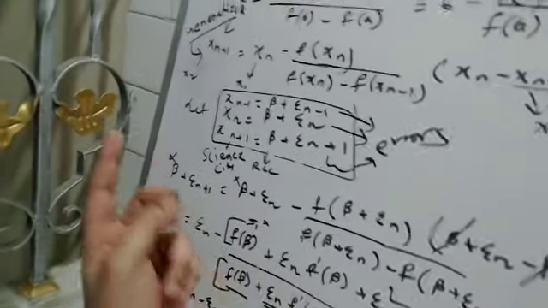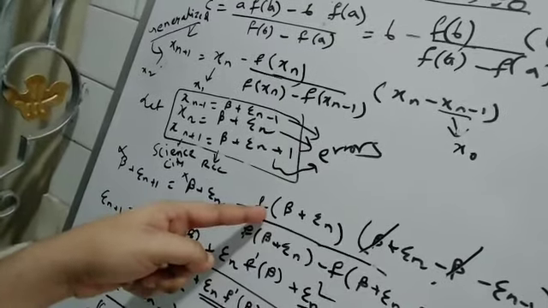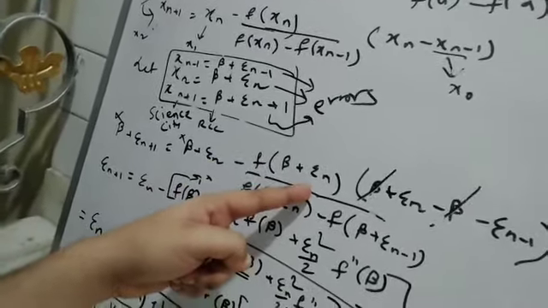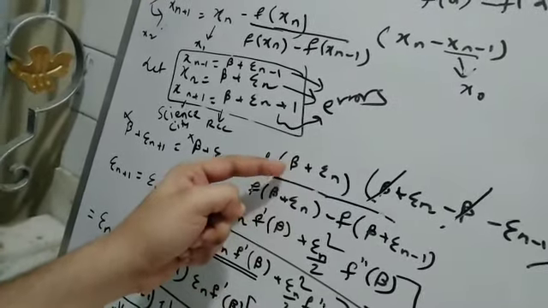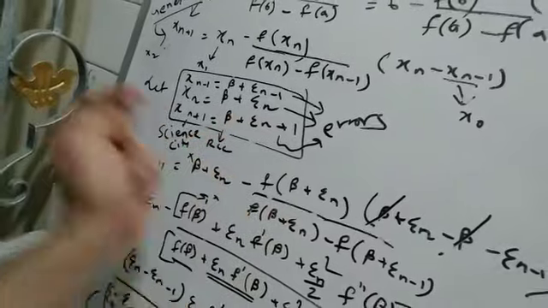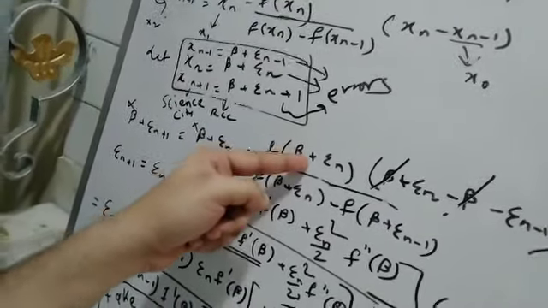First of all, this will cancel out. Now see here, a term comes up: f of beta plus epsilon n. I told you, whenever these types of function terms come up in your derivation, you need to expand them by Taylor's theorem.